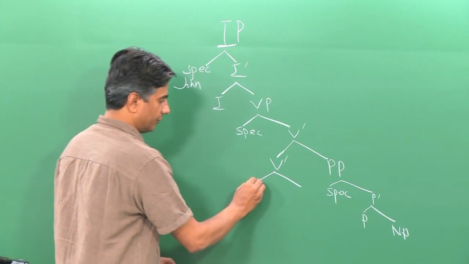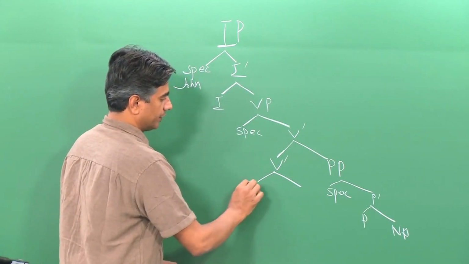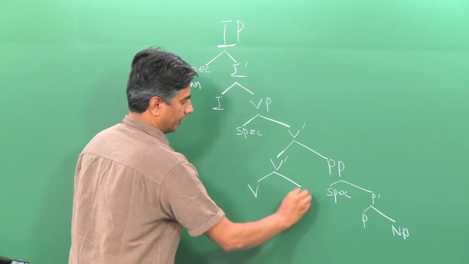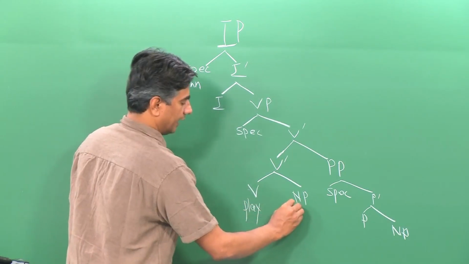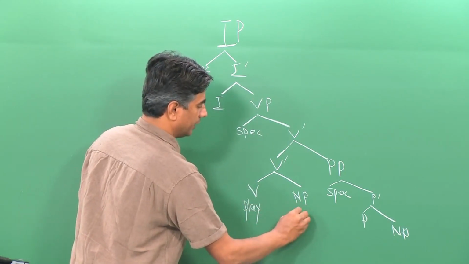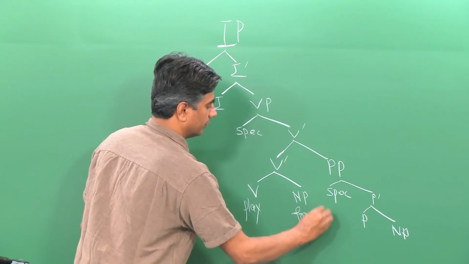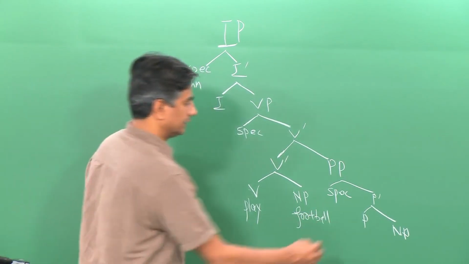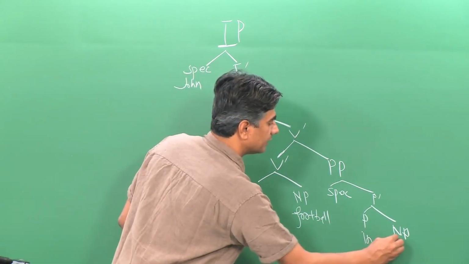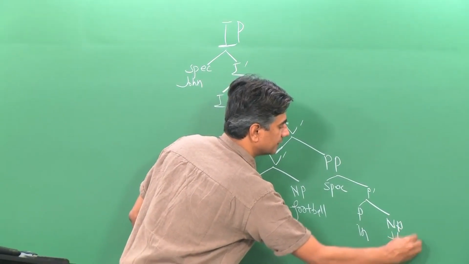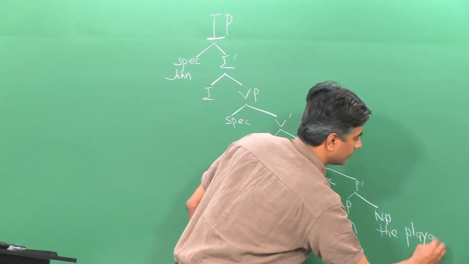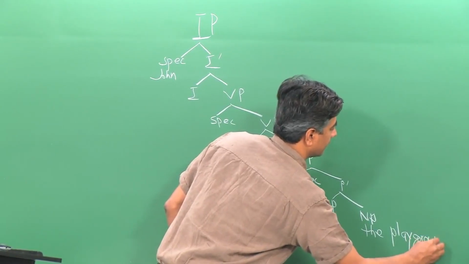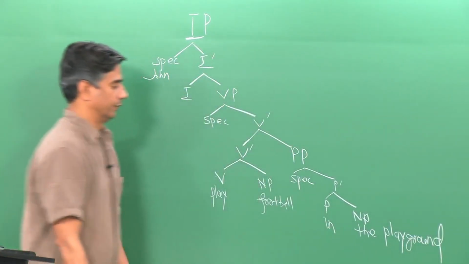Now here we have V and NP. So here is the verb play and here is the NP football or soccer. Now in this phrase we have in the playground.